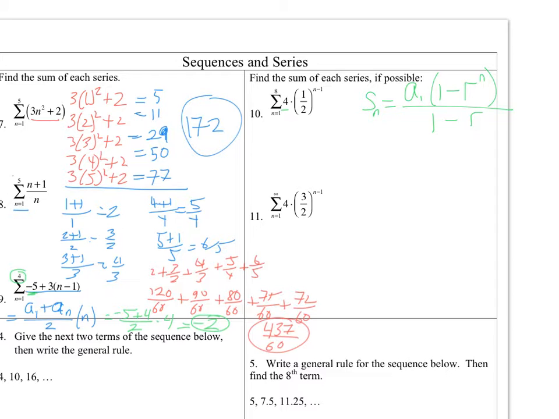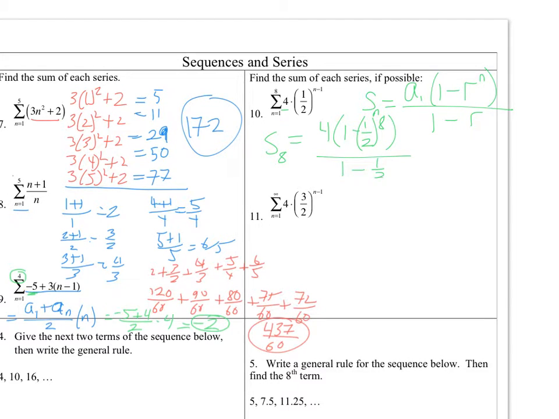So my first 8 terms are going to add to 4 times 1 minus minus a half to the 8th, over 1 minus a half.